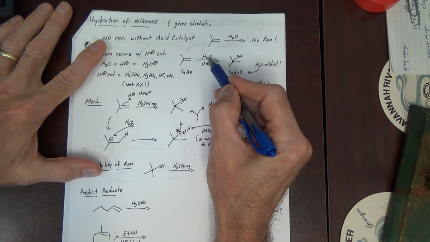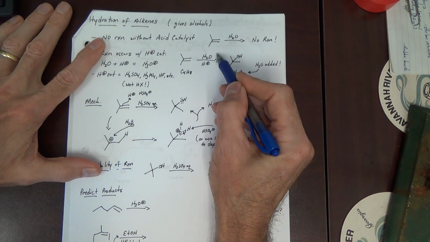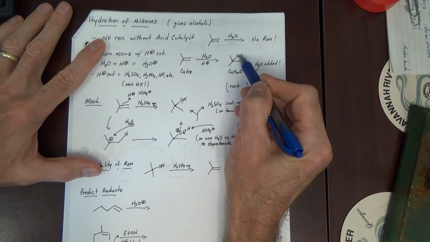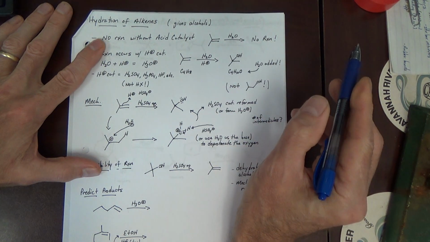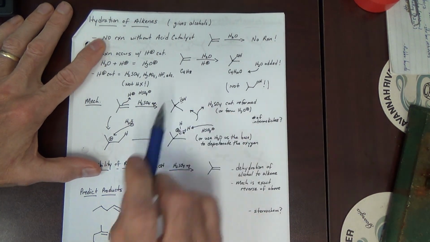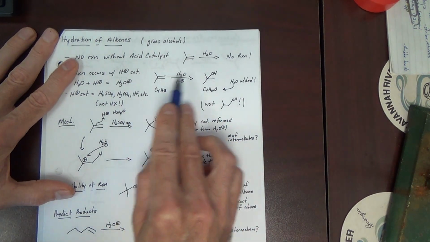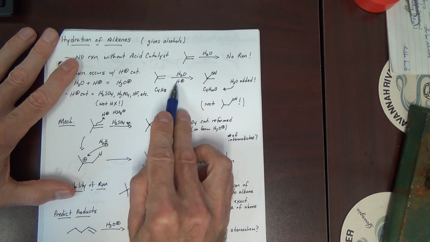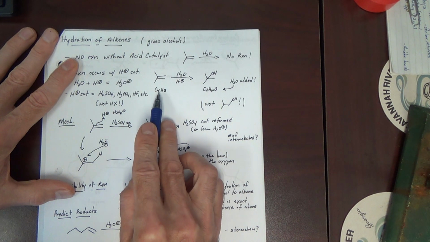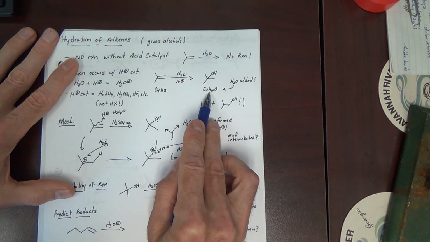And if water is the nucleophile instead of a halide anion, you're going to end up with an OH instead of a halogen. And this shows a typical hydration reaction where we're adding water using an acid catalyst. And if you look at the formula, it now has H2O added to it.